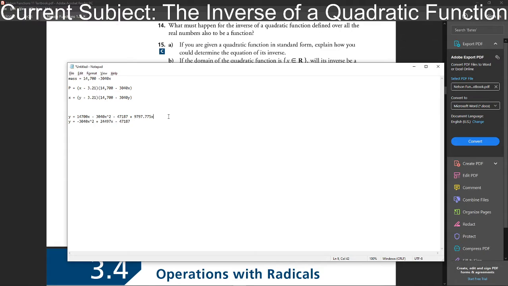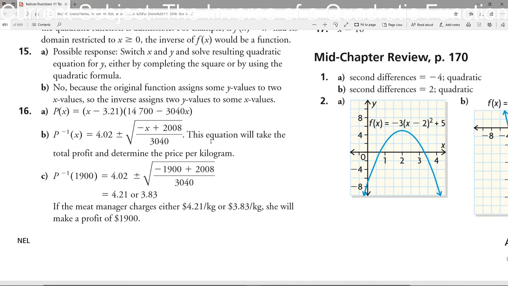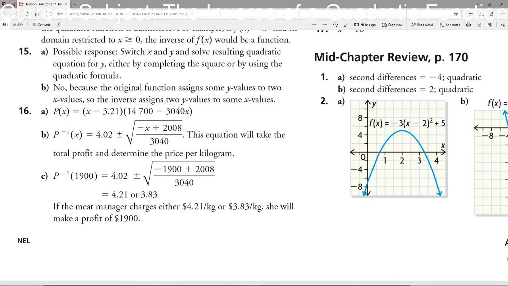But we could also just use the quadratic formula. And then we should just be able to get this. And in this one, they just plug it in and then solve for it. They get two values. She'll make profit at 1900. I guess we'll just leave it at that. I just don't want to work with those ugly numbers.